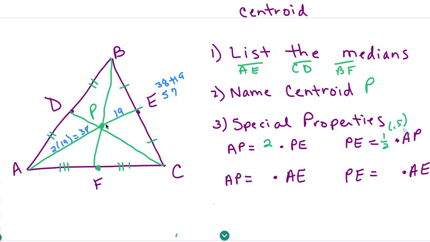All right, now let's look at another property that we have. AP is equal to 2/3 of AE. So if I give you AE is 57, we multiply 57 times 2/3, and you're going to find that it equals 38.